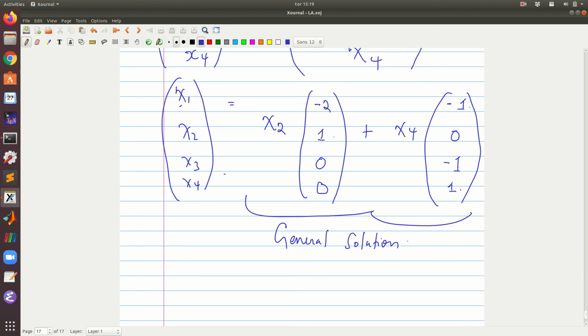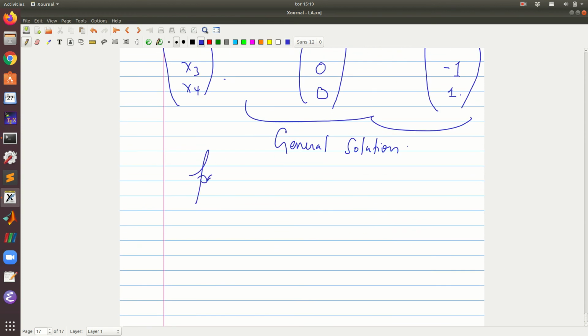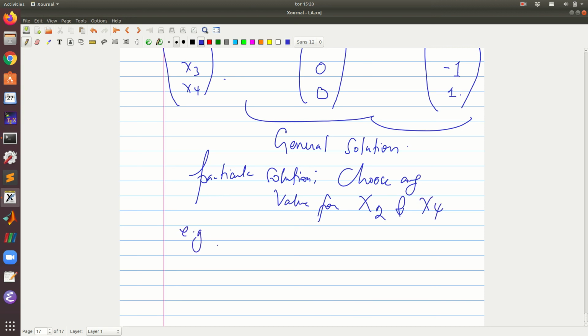And then if you want a particular solution, we can choose any value for the free variables, which are x2 and x4. For example, a very simple one, someone can say let x2 equal 1 and x4 equal 1.